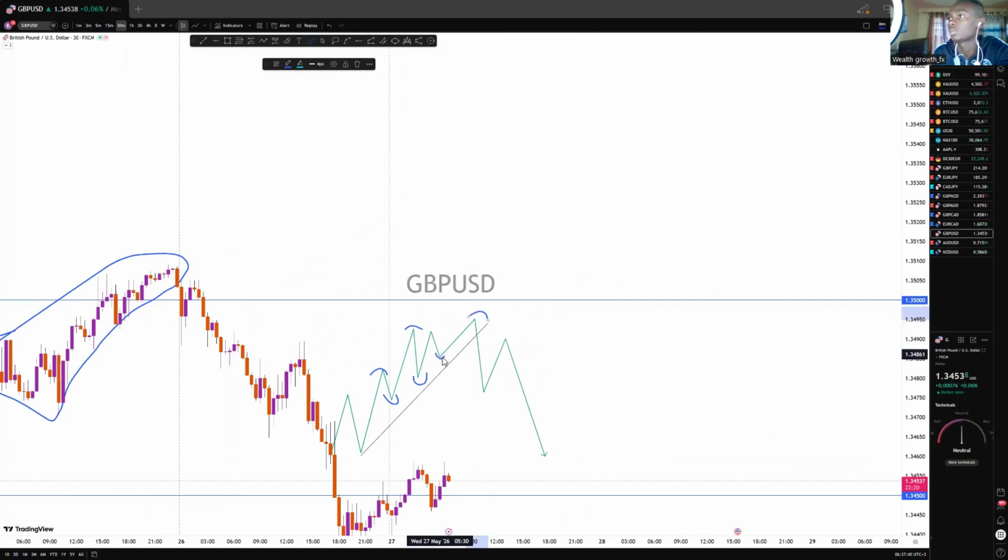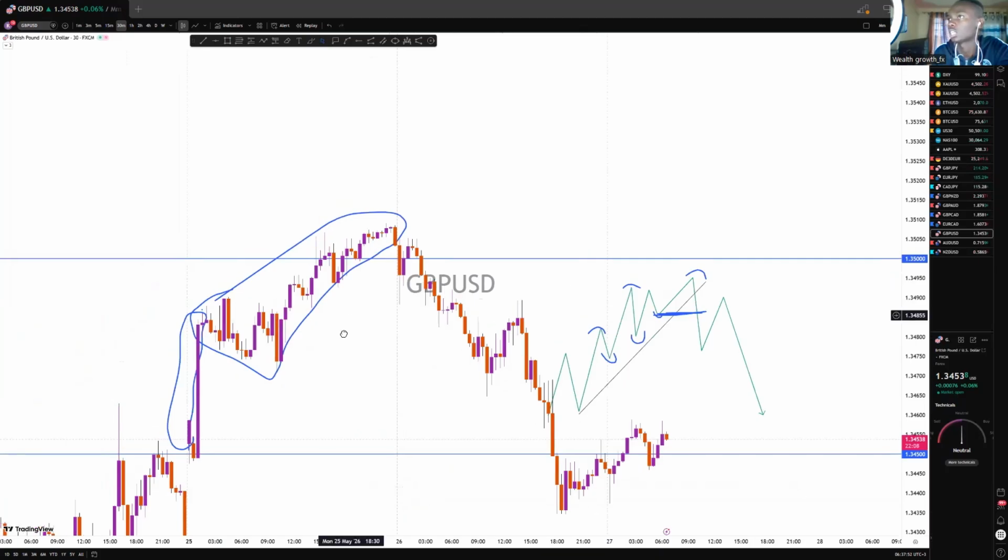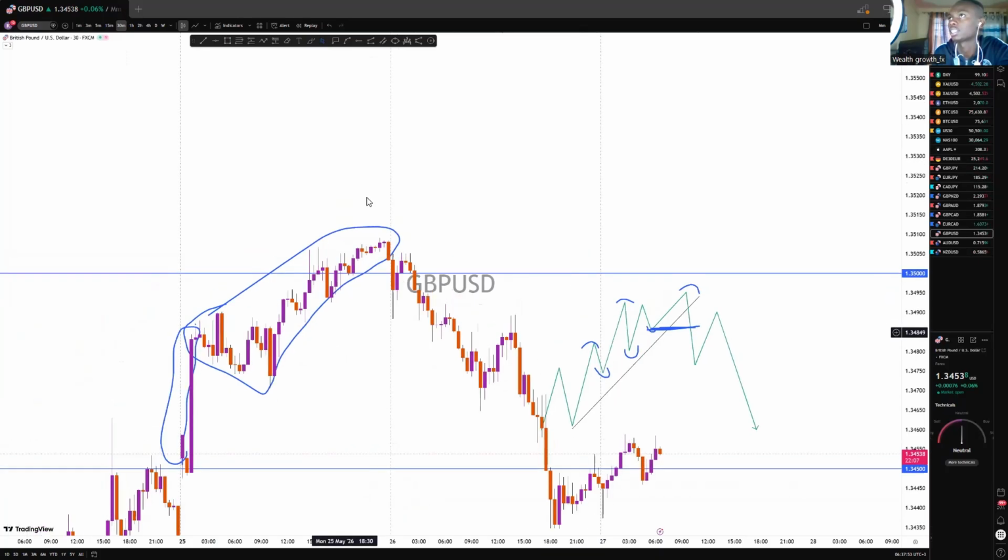So it means, if this market is going to reverse, then this will act as a neckline. This is going to act like a neckline. So when you return back to the candlestick patterns, you identify that neckline there.